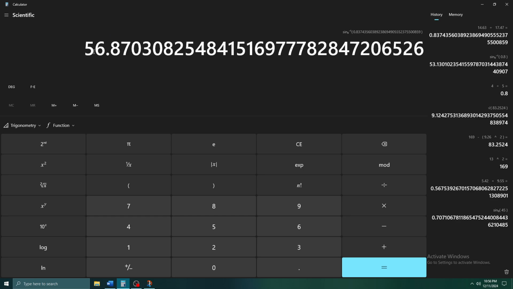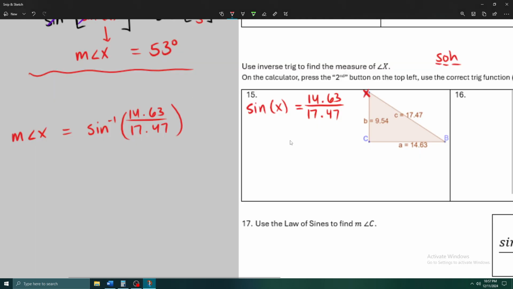I'm pretty close to 57, so I'll stick with that. So 57 degrees. This is the beauty of inverse trigonometry. This angle right here is not exactly 57 degrees, but it's very convenient, right?